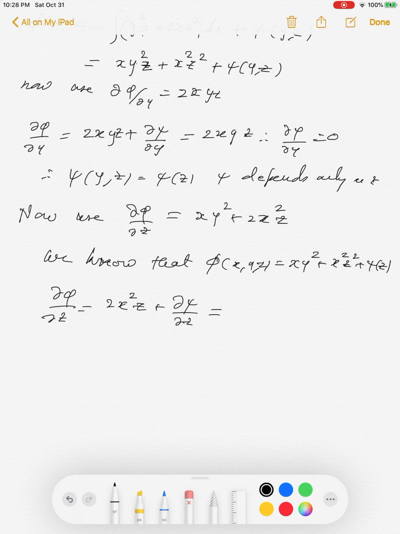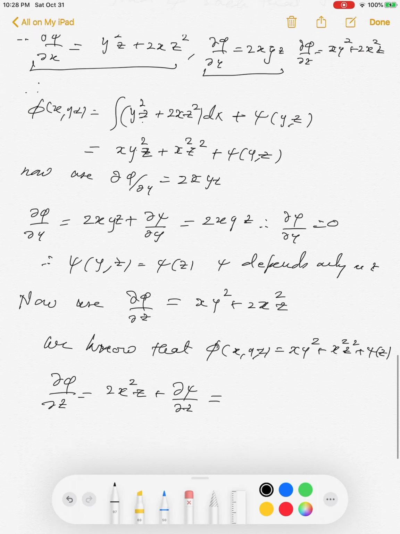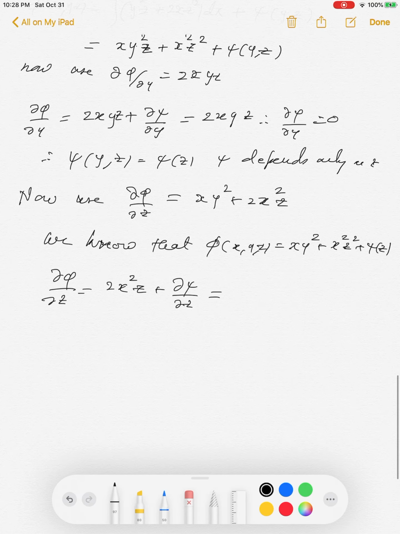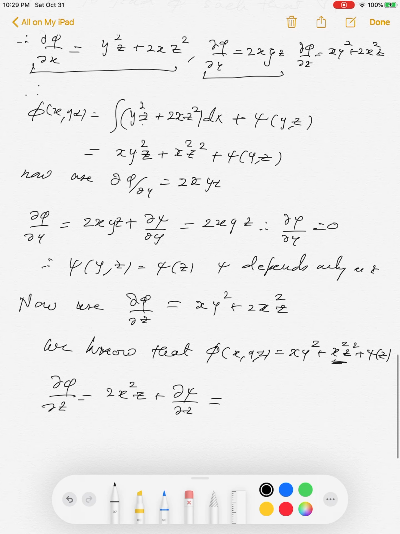So this d phi dz is going to be, I keep on forgetting there is a z here, isn't it? D phi dz, what is our phi? We found out phi to be this. So when you differentiate with respect to z, I get xy square plus 2x, yeah, so plus 2, I forgot that. I need to differentiate this.